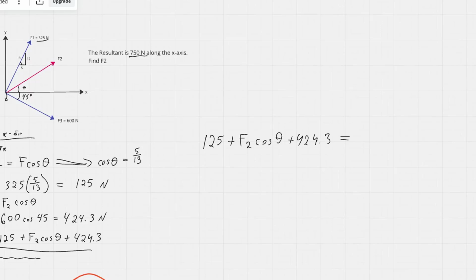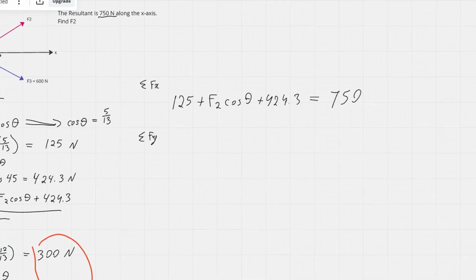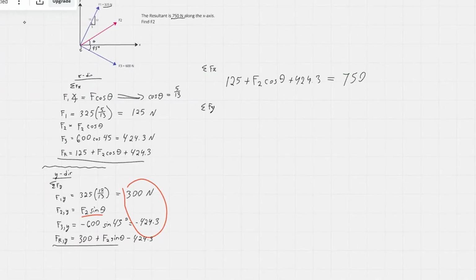It says the resultant is 750 newtons acting along the x-axis. So that's going to be 750, because we're thinking about this as F of x, right? And then our F of y, this is summed together. Our F of y, this is our second equation, is given by this here.